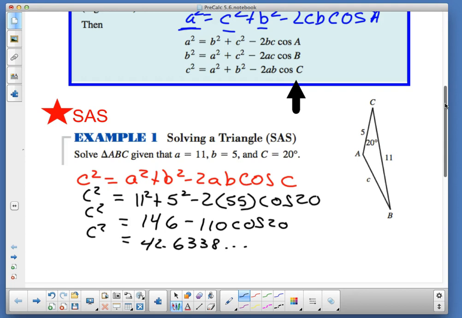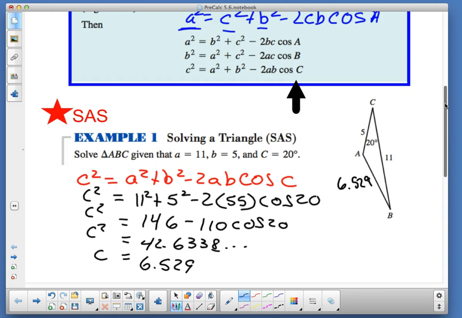Now, keep in mind I may have rounded that to the fourth digit, but I took the square root while it was still in my calculator. So I take the square root and find the length C to be 6.529.